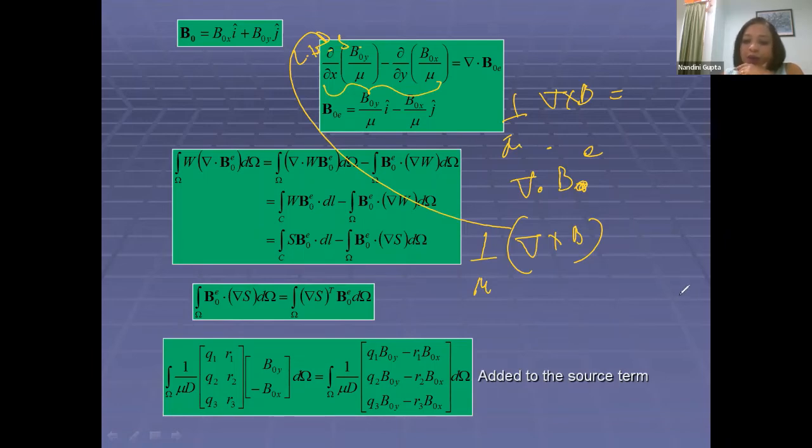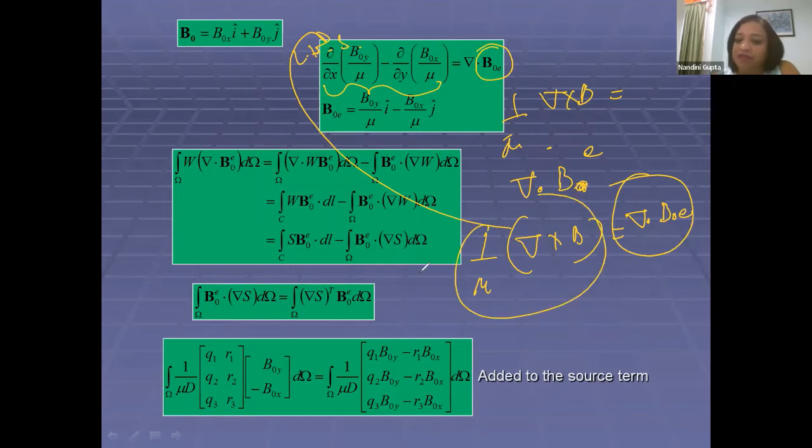And what am I doing? I am evaluating this, and then I am defining a second term B naught E such that this curl of B can be written as curl of B naught E. Okay. 1 by mu curl of B is equal to divergence of B naught E. And then I am evaluating this term instead of evaluating this term.